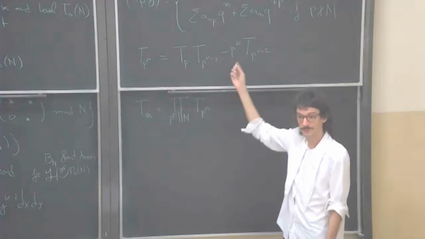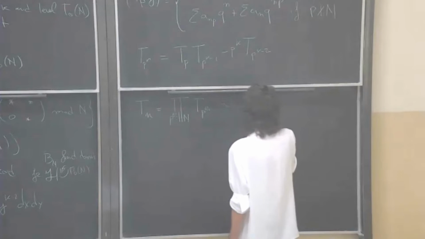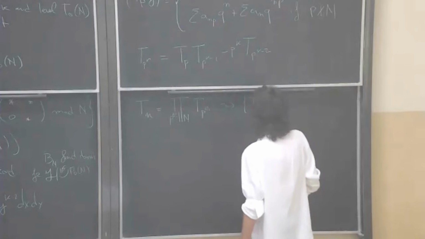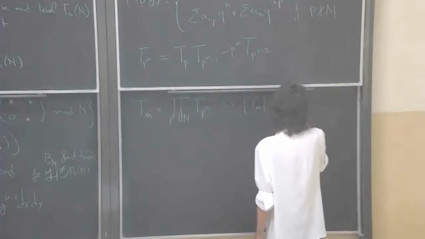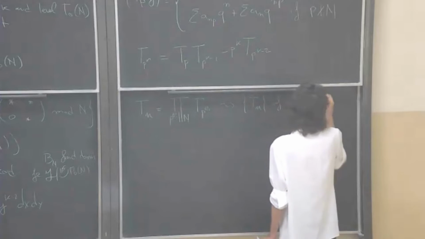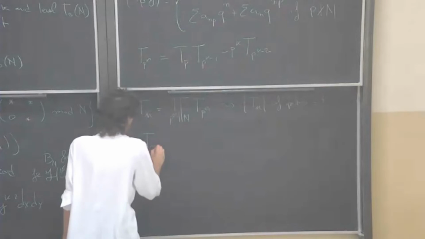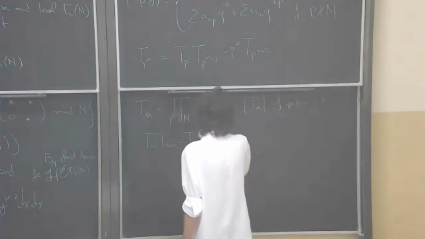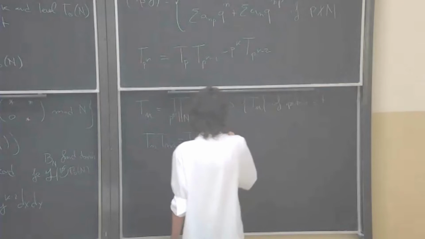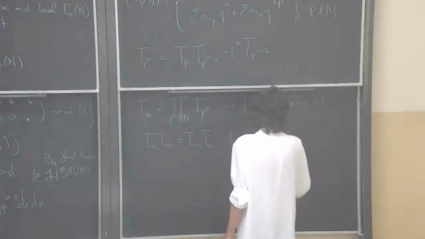Now with this bunch of definitions, we create a family Tn of operators such that Tn Tm is equal to Tm Tn if m and n are coprime.